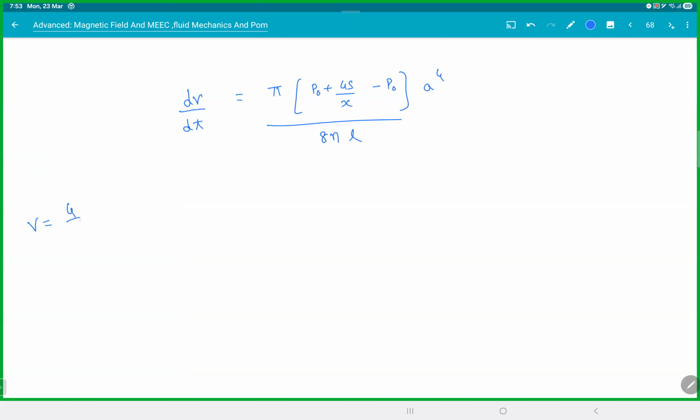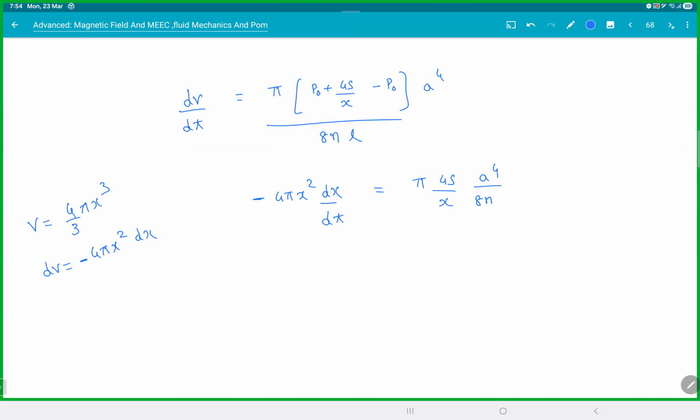Volume at any instant will be 4 by 3 pi x cube, so dV will be 4 pi x square dx. Substitute there. 4 pi x square dx by dt is equal to, we'll put a minus sign because it's reducing, pi into 4s by x, a power 4 by 8 eta L.